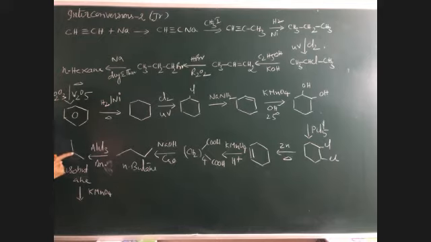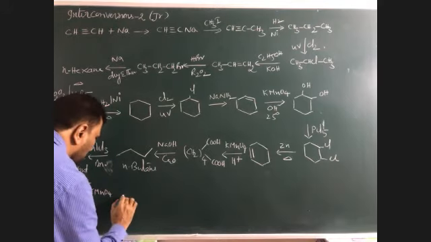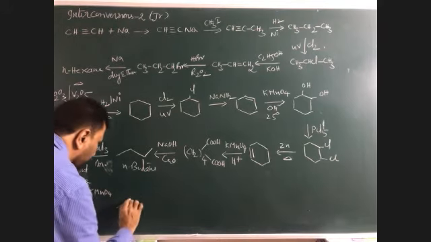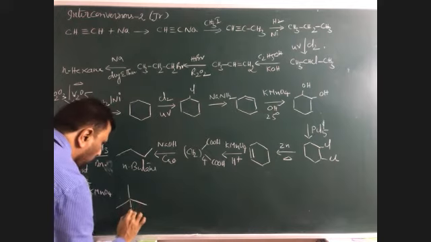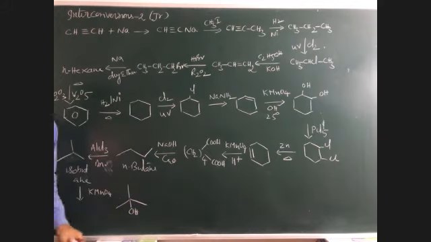This is the tertiary hydrogen. These 3 are primary hydrogens. So now tertiary hydrogen changes like this. This is called tertiary butyl alcohol, because this hydrogen is oxidized.